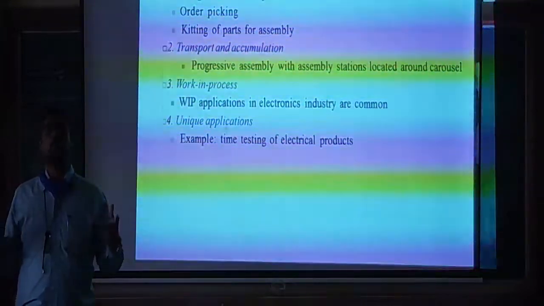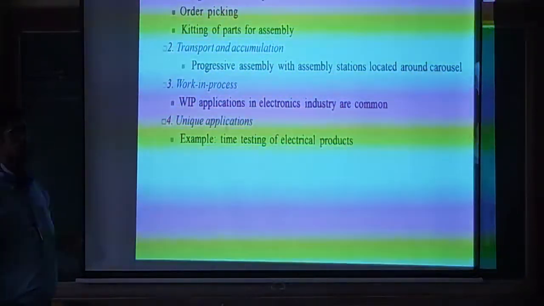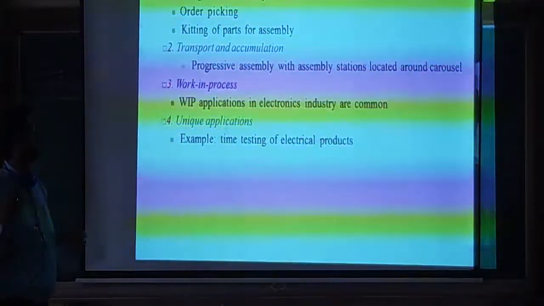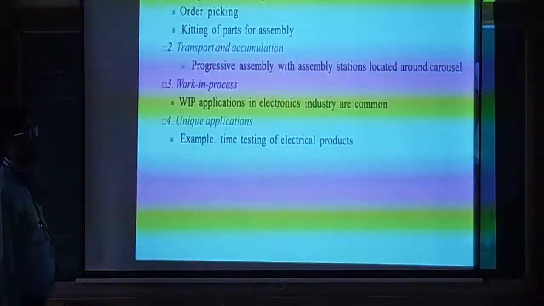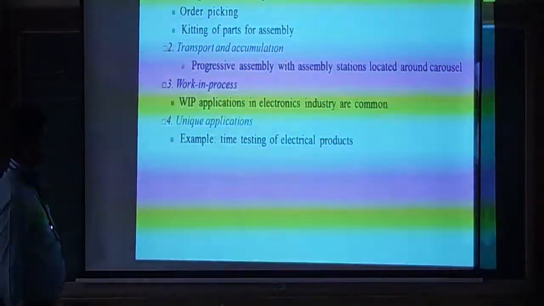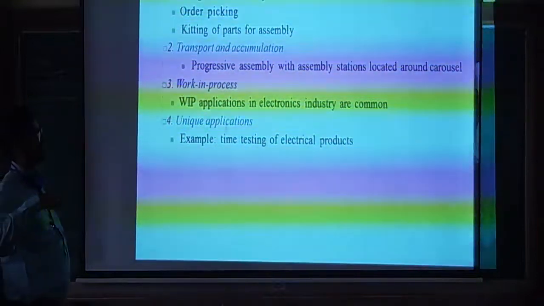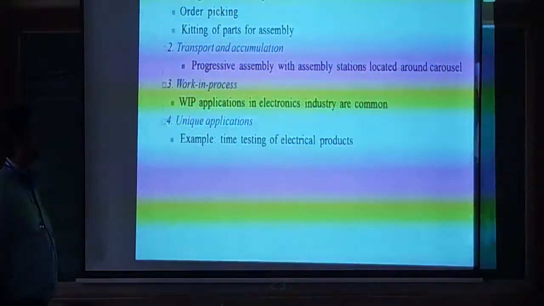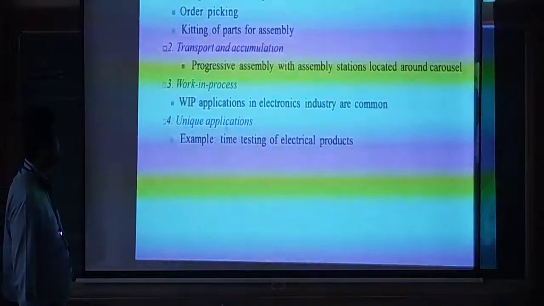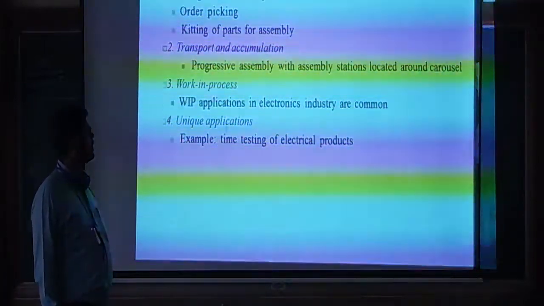Usually the assembly stations are kept around the carousel so that order picking and kitting of parts for the assembly will be easy, and transportation is reduced.